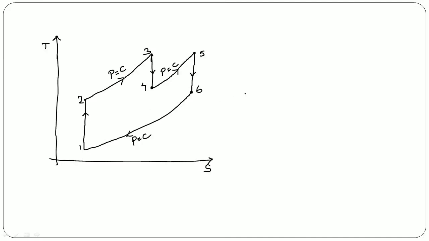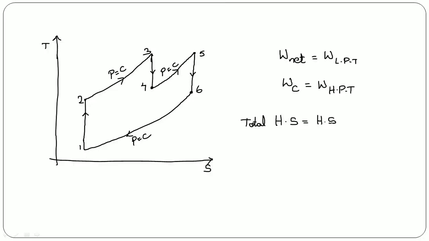Now, here, try to understand carefully. The net work output is equal to work developed by the low pressure turbine, and work input to the compressor is equal to work developed by the high pressure turbine. Here, heat supplied will be in the combustion chamber. The total heat supplied will be heat supplied in the combustion chamber as well as heat supplied in the reheater.